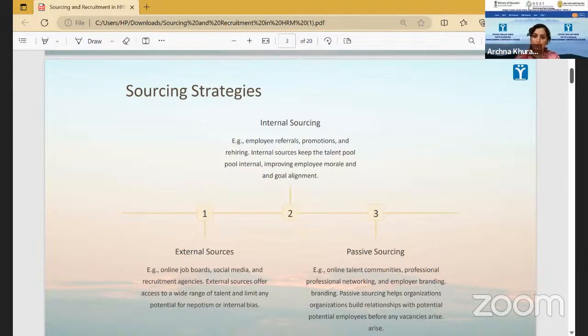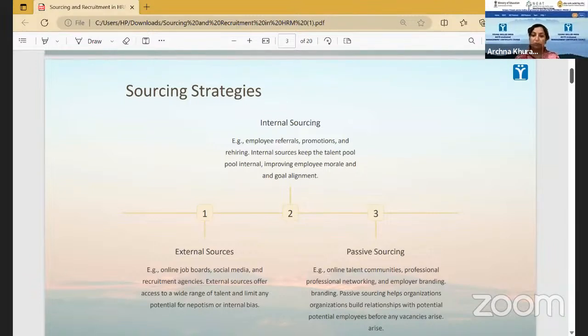Employer branding, I've already told you in the last slide, is a very integral and vital part of every organization. Though the larger brands have already created it for themselves, they just have to maintain it now.